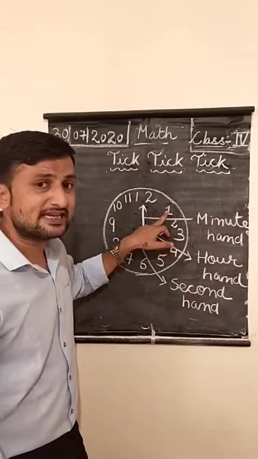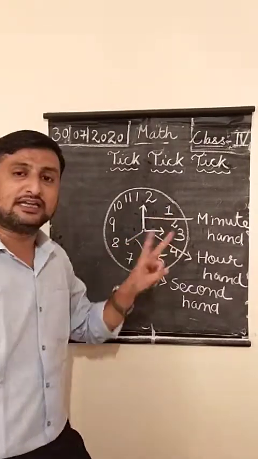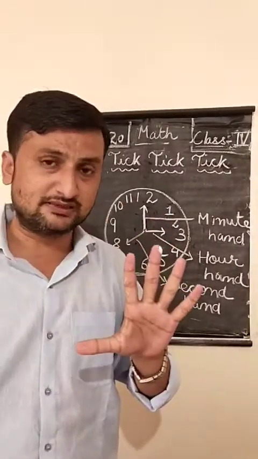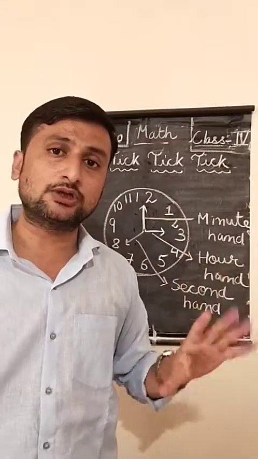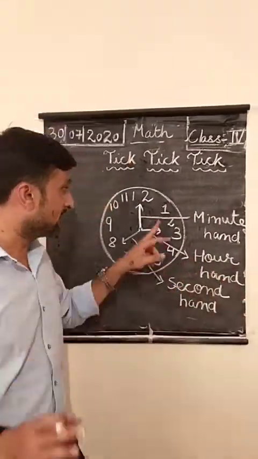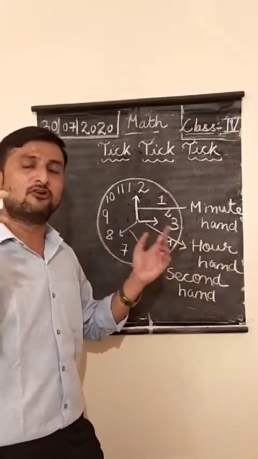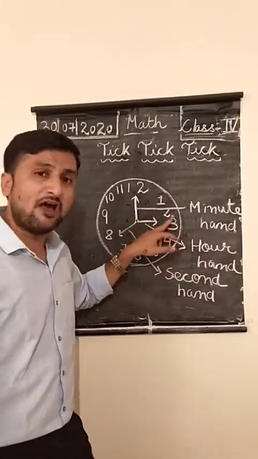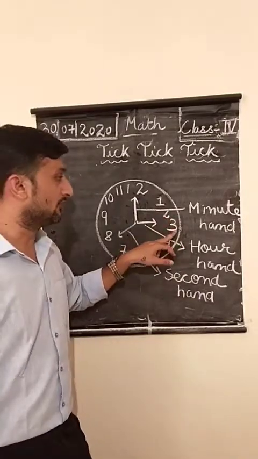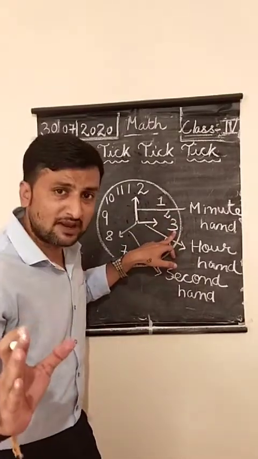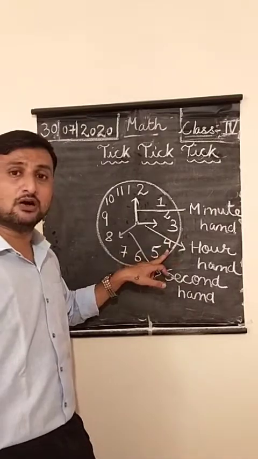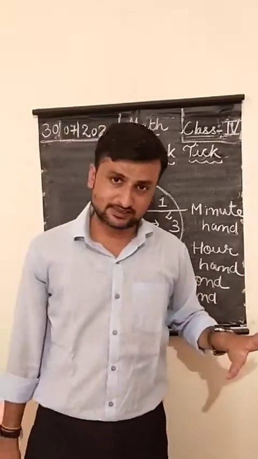So it is said that between two numbers there are 5 minutes. So if we go from 1 to 2, how many minutes? From 1 to 2 it will cover 5 minutes. From 2 to 3 it will cover 5 minutes. From 3 to 4 it will cover 5 minutes.